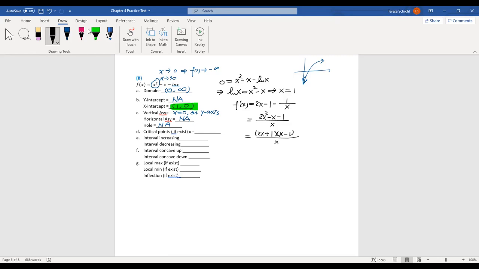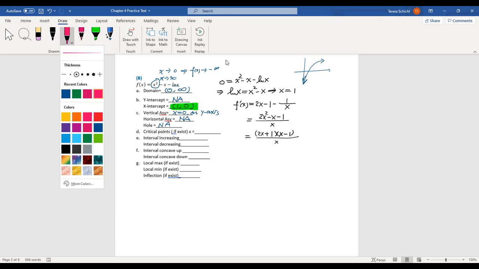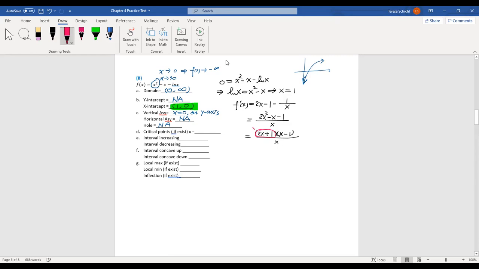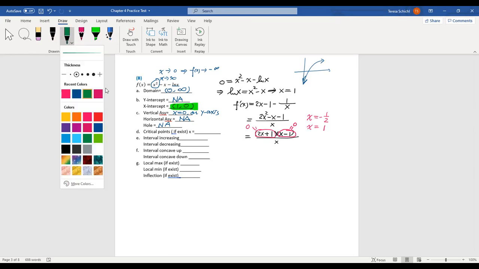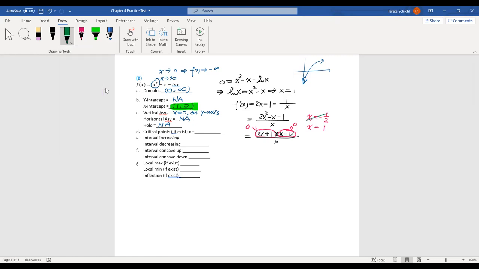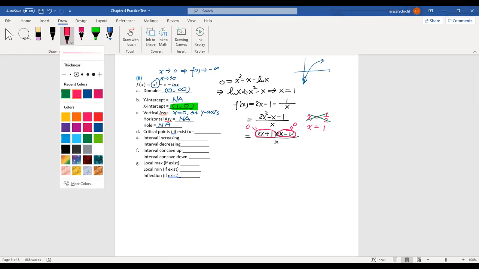We said the critical value is where f prime is either equal to 0 or does not exist. Equal to 0 means this factor equals 0 or this one equals 0, right? So I will have x equal to negative 1/2, and x equal to 1. But take a look at my domain, from 0 to infinity, so negative 1/2 cannot be. The second possibility is when the denominator is not defined.